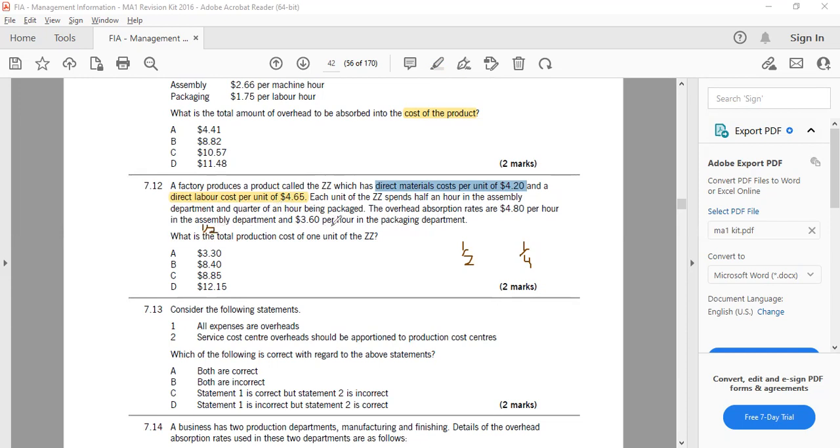Okay? And 3.6 per hour in the packaging department, so 1 upon 4. And you can also write it this way: 0.5, and it would be 0.25.